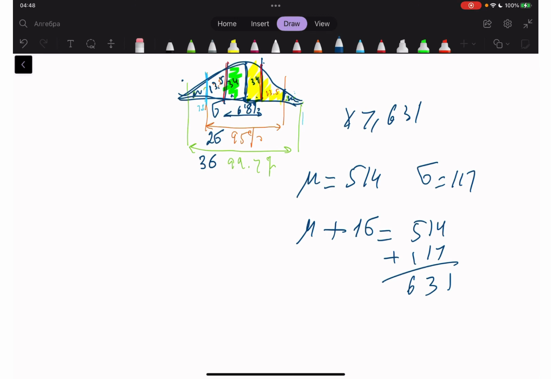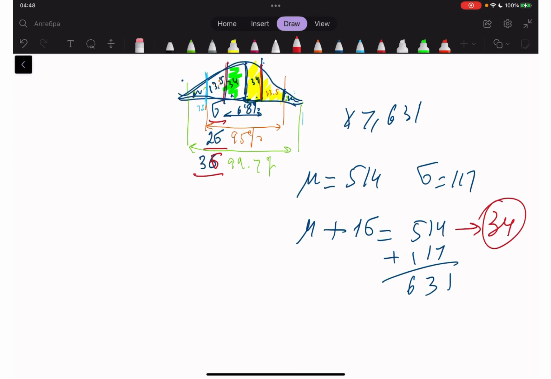So one standard deviation, which we have found out, is 34%, right? Three standard deviations is for 99.7, two standard deviations for 95, one standard deviation for 68. Well, since we have only half of it, we take 34.